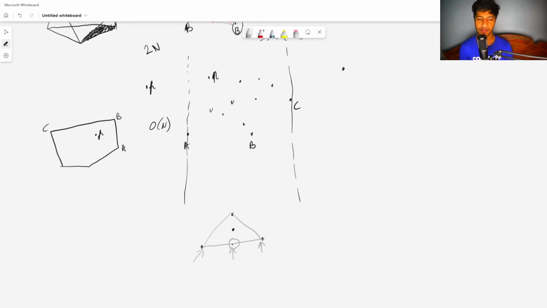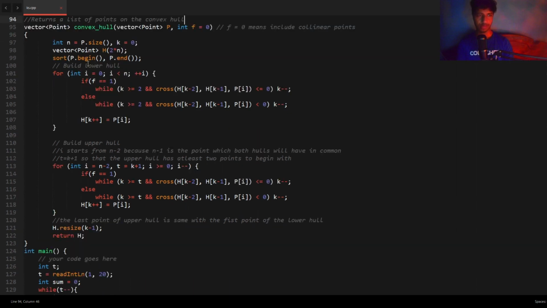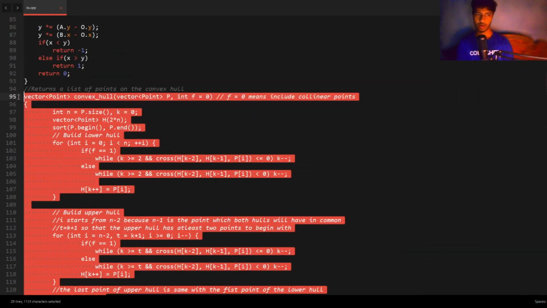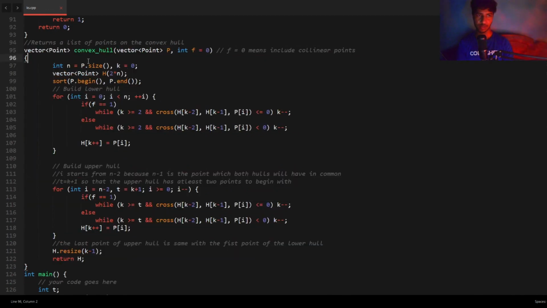The middle point, do you include it in the convex hull or not? All that f is doing is, if you set f equal to 0, it will include the collinear point. If it is 1 or anything positive, then it will not include the collinear points. So all this convex hull function is doing, in O of n, is finding the convex hull of a set of points capital P.